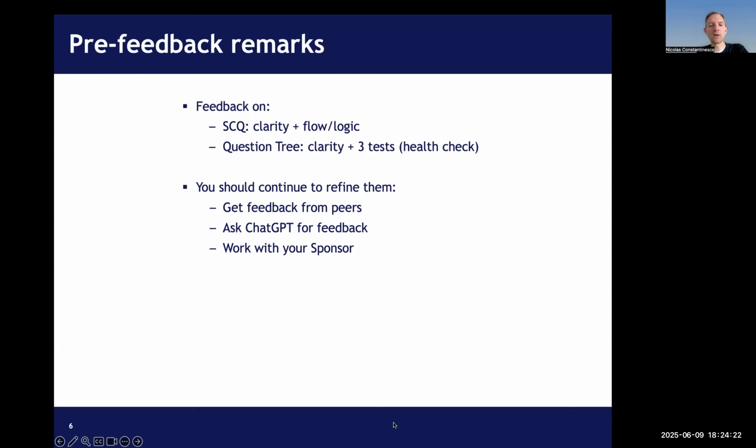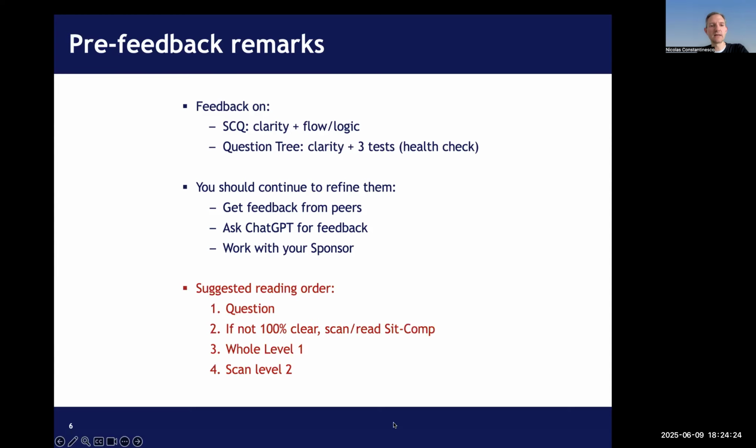So for the people who are present here to get the benefit from this, I suggest you start with the question. If you feel like you need more context, then scan or read the situation and complication, and then read level 1 of the question tree, and then scan level 2.